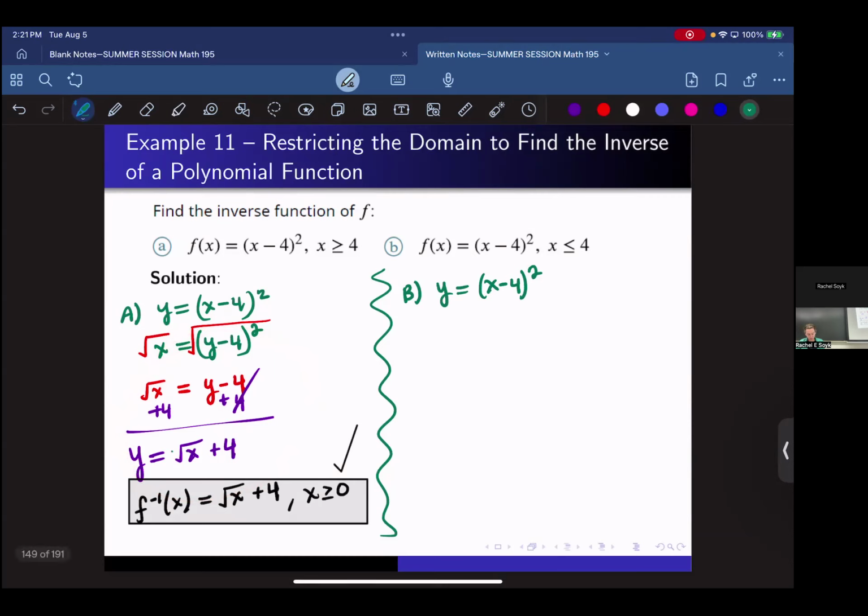Maybe we should highlight that this one is positive. And this one in part B is going to be negative. So we end up getting y is equal to negative square root of x plus 4, and then our inverse.